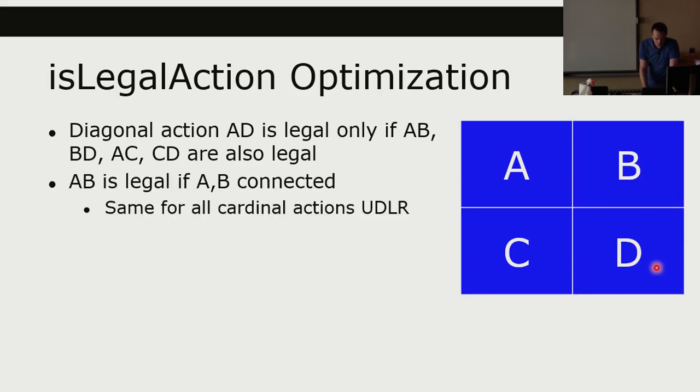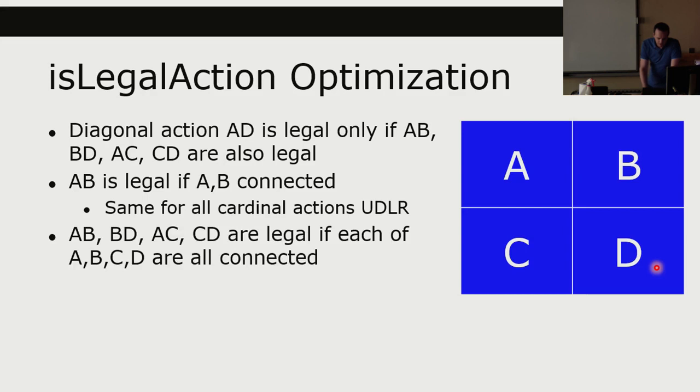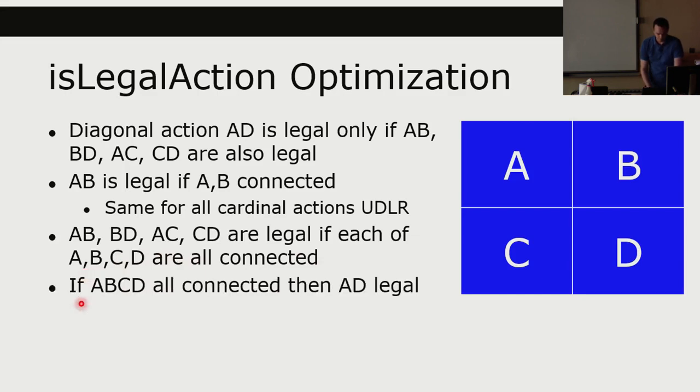However, that just says that AB is legal if A and B are connected, so that's just a lookup. And AB, BD, AC, and CD are legal if each of A, B, C, and D are connected. So we can check if all of those things are all the same. If A, B, C, and D are all connected, then A and D is legal.